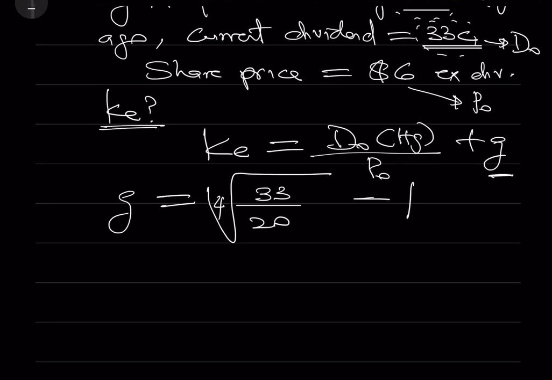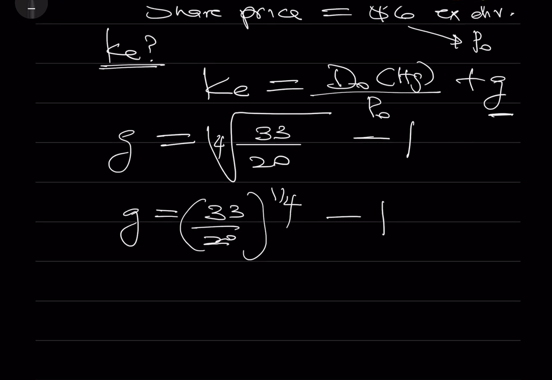If you want to do it on Excel, G equals 33 over 20, all of these raised to power 1 over 4, then minus 1. If you put all of that in Excel, we have G equal to 13.3%.